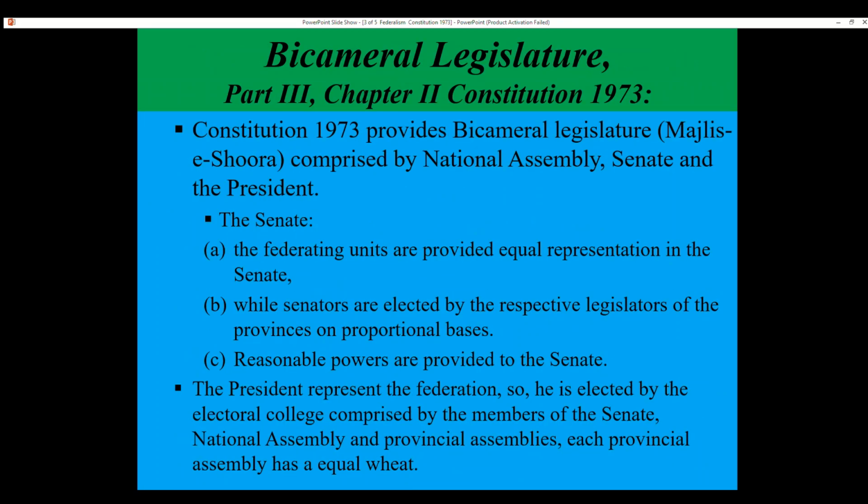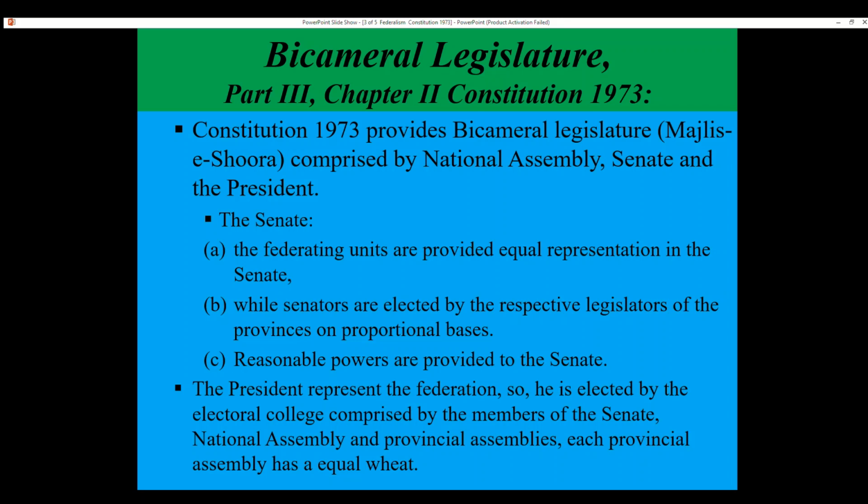So, the second important thing is, for the smooth operation of the Federation, the Constitution of 1973 adopted the system of bicameral legislature. It is always considered the best device to satisfy the component units because in this there are two houses.